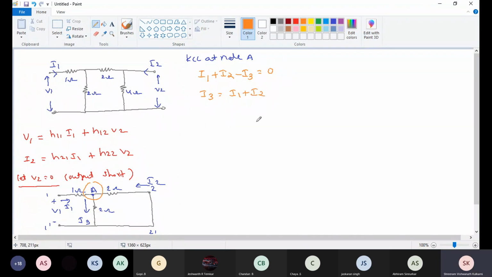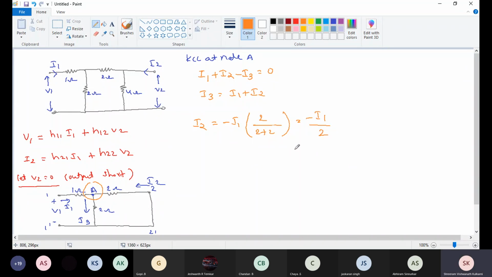Okay, now by current divider rule, I can write I2 is equal to, what? Opposite resistance, total current into opposite resistance divided by total resistance of the circuit. Yes, so by current divider rule, I can write I2 is equal to minus I1 times 2 divided by 2 plus 2, that is minus I1 by 2.